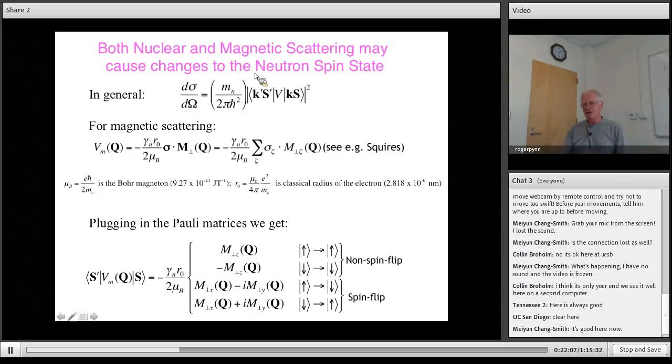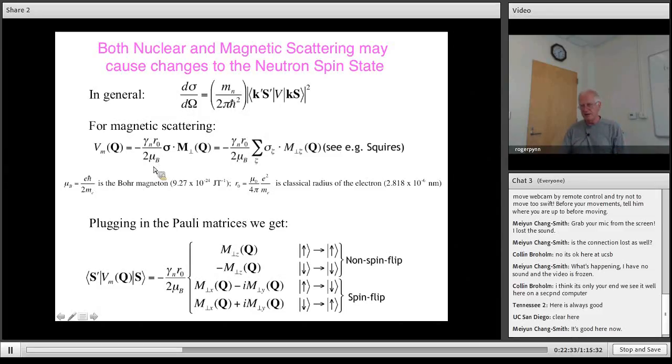In the case of magnetic scattering, what Professor Braham told you was that the potential that you need to plug into this matrix element is this thing here, Vm of Q, which has this, again, this magic factor in front here, which is the gyromagnetic ratio of the neutron times the classical radius of the electron over twice the Bohr magneton.